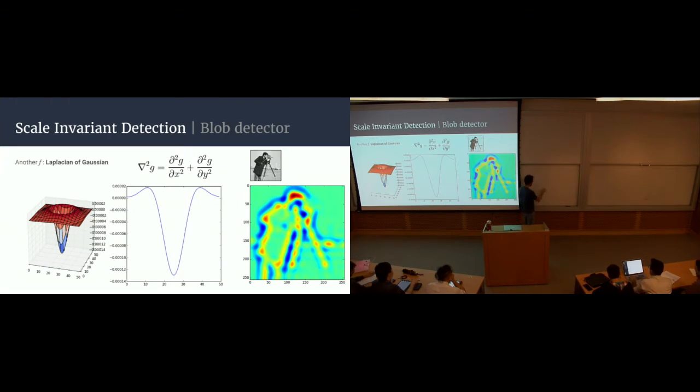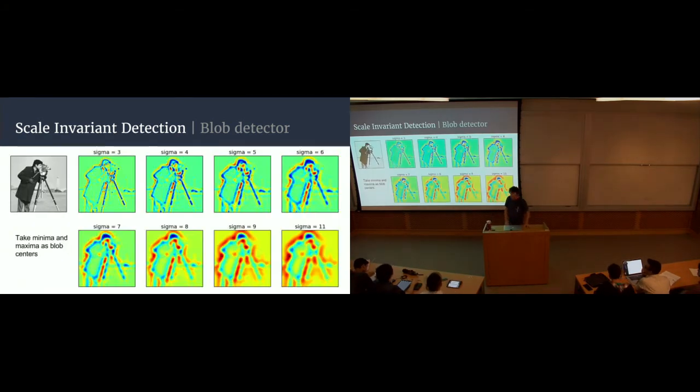Right? So we can take the peaks, the minimas, and the maximas as our interest points. We take these and do what we call non-maximal suppression. We basically look for just the maximum ones.